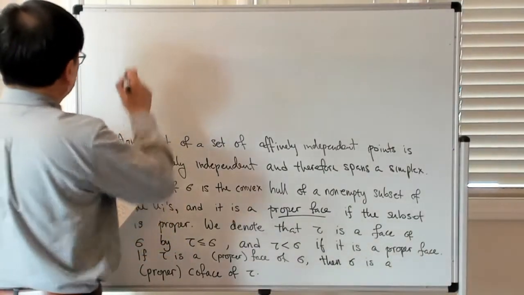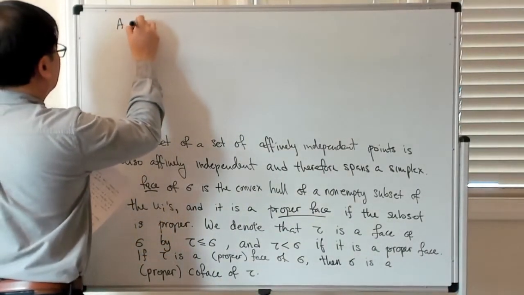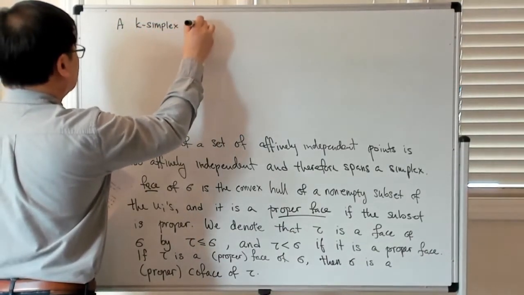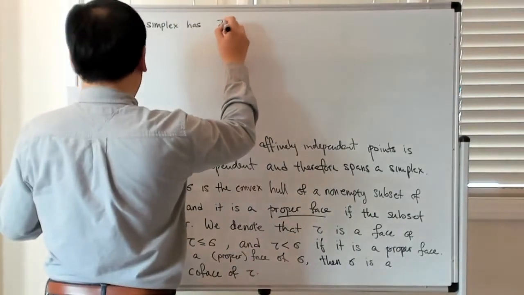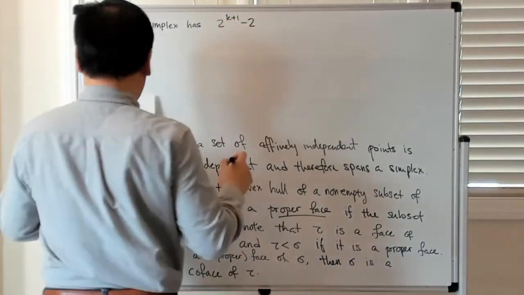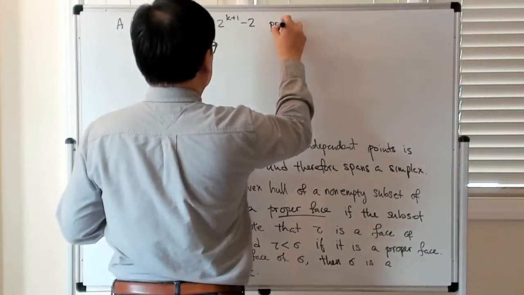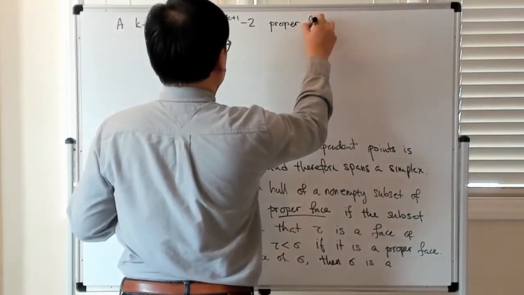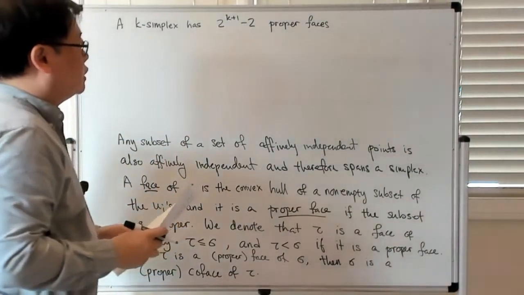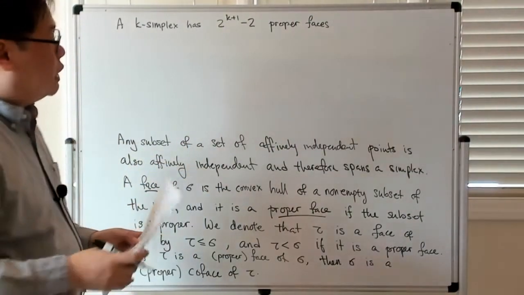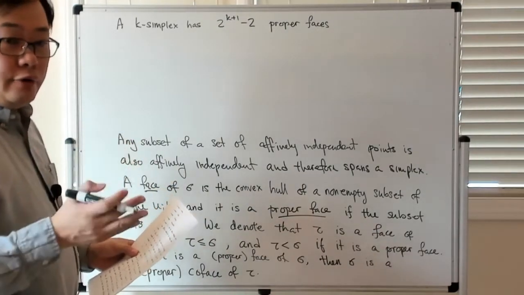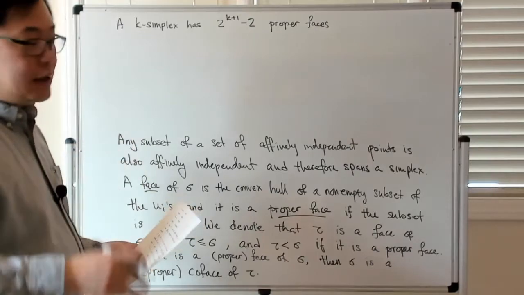You can observe that a K-simplex has 2 to the K plus 1, minus 2, proper faces. You can see that because, in order to construct a subset of K plus 1 points, you have to decide for every one of those points whether it's inside or outside of that subset.